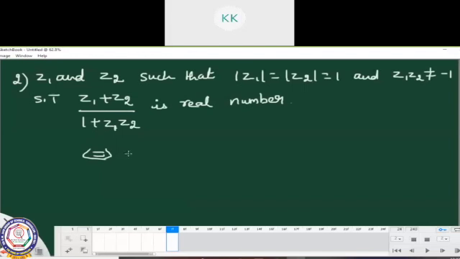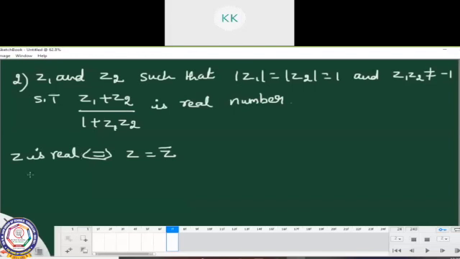In the previous exercise itself, we have seen Z equal to Z bar. Z is real if and only if Z equal to Z bar. Okay. Now we move on to the sum.